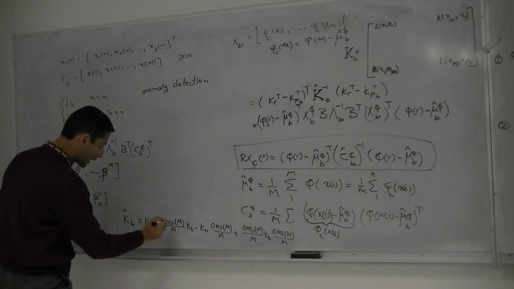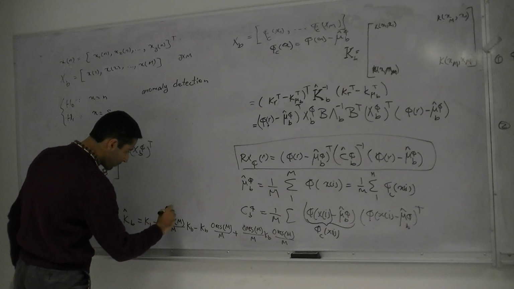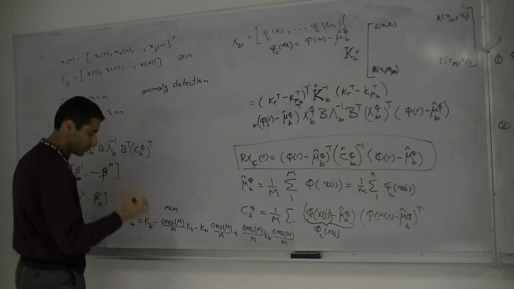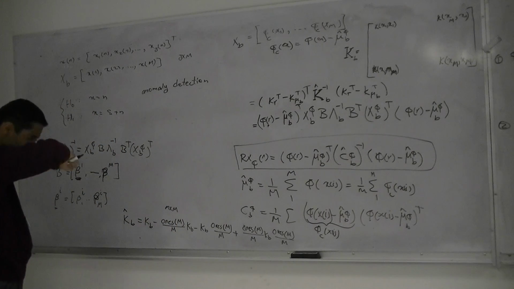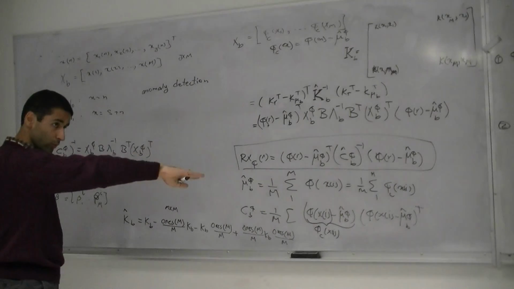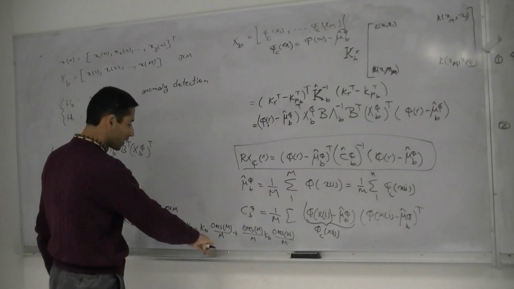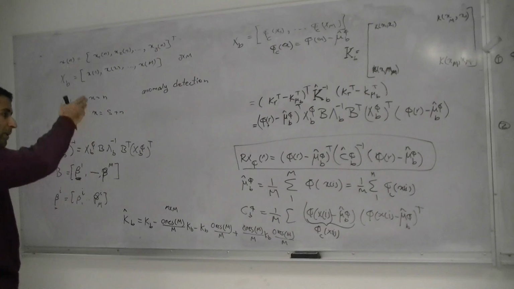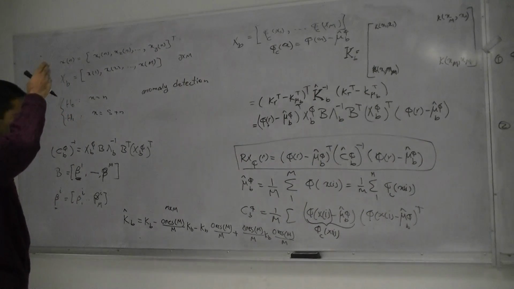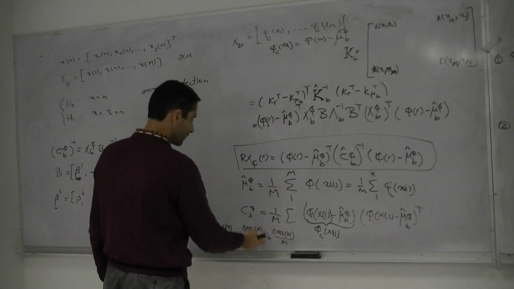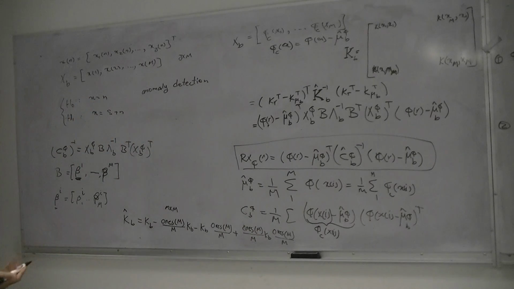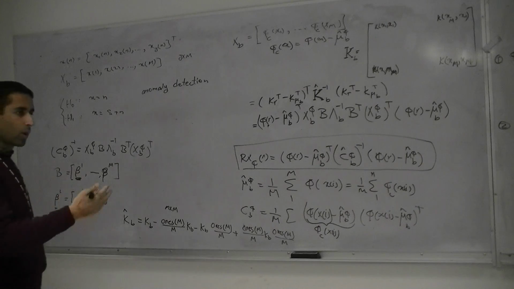If you multiply an n by n matrix of 1 over n, it means you get the mean value of each row. In this one, it means you get the mean value of each column, and this term is the mean value of all of the entries.